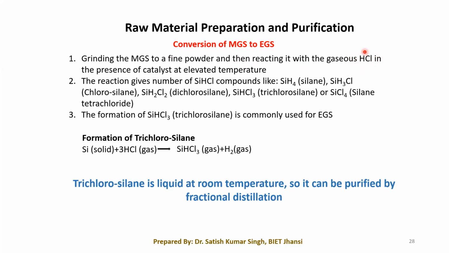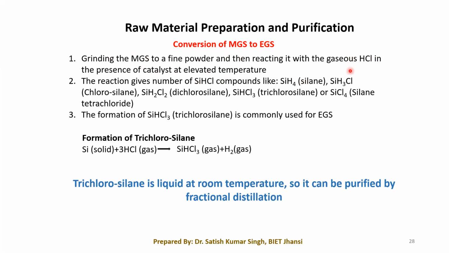So see what we are doing: we grind the MGS, convert it into a fine powder, and then react it with gaseous HCl in the presence of a catalyst at a very elevated temperature.